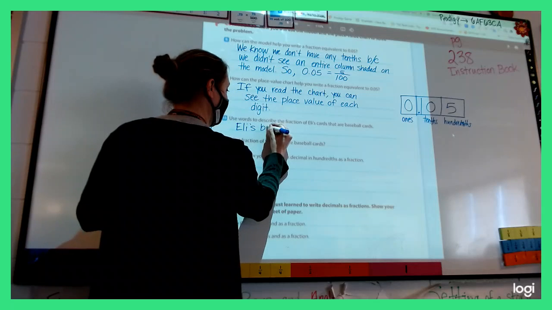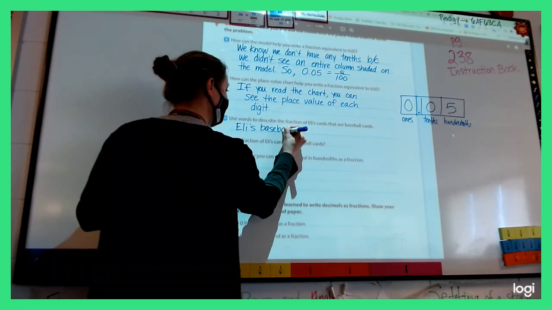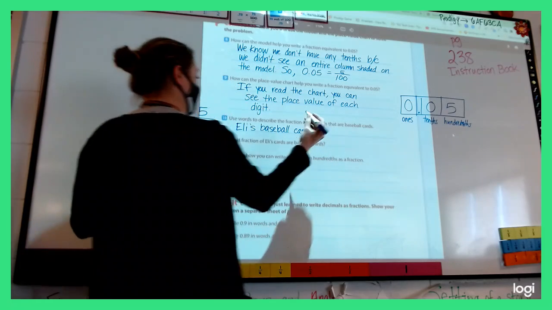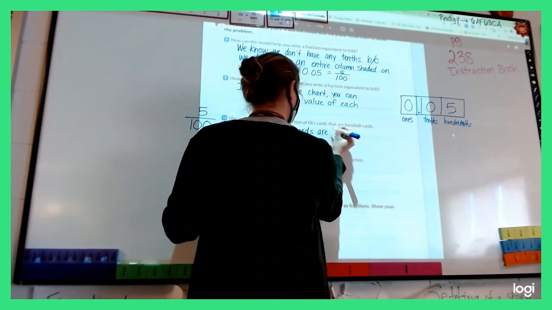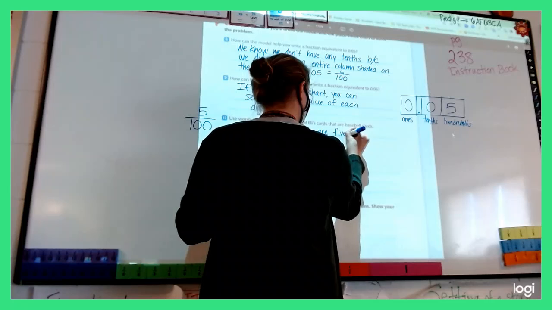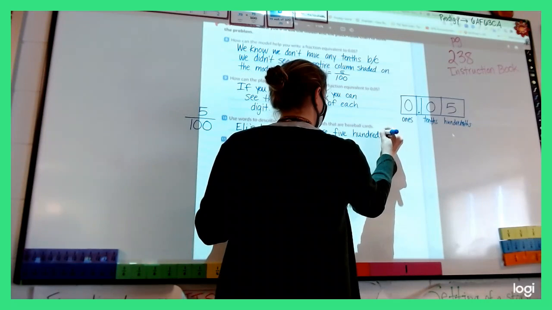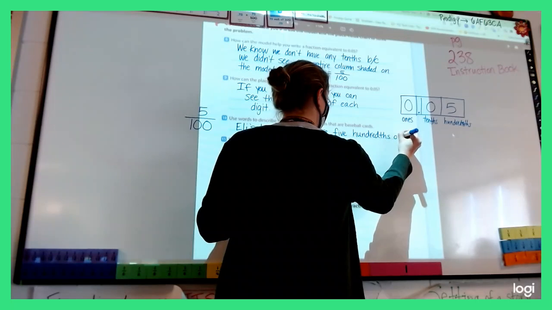Eli's baseball cards are 5 hundredths of his collection.